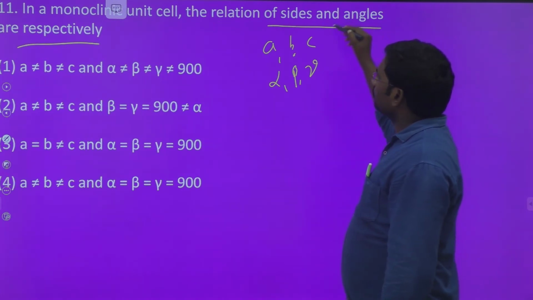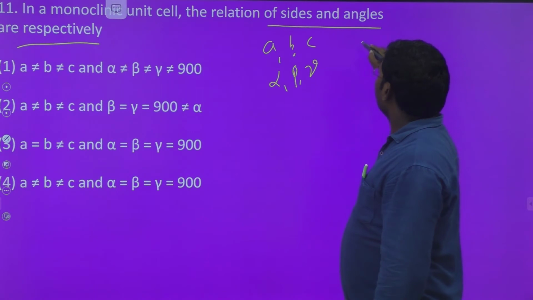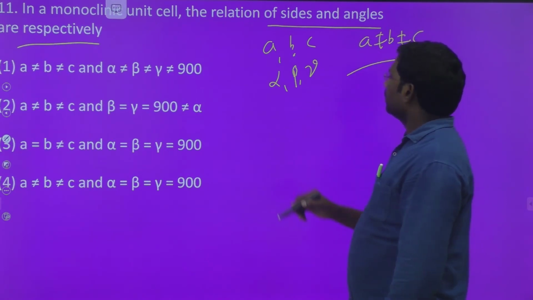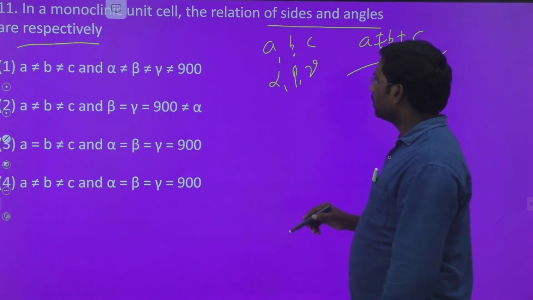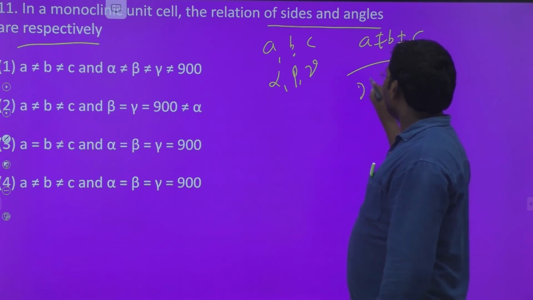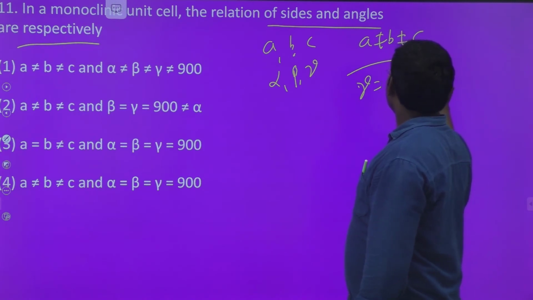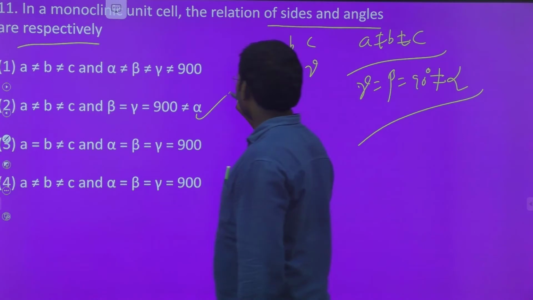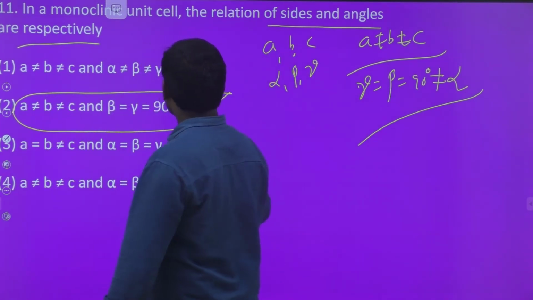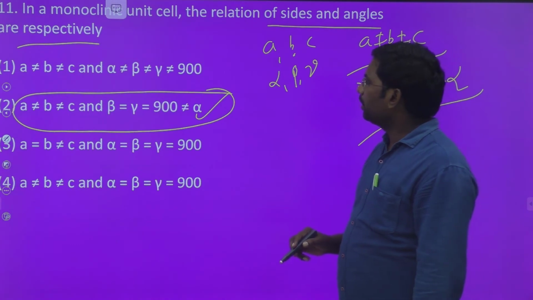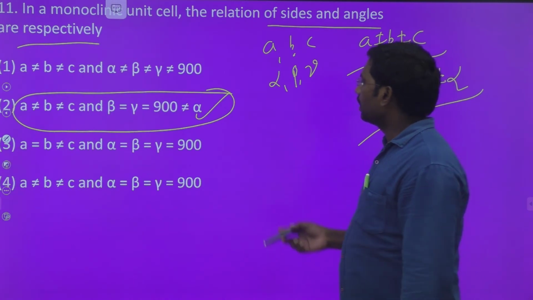Especially in the monoclinic structure, A not equal to B not equal to C, and gamma and beta are equal to 90 degrees, not equal to alpha. This is the important one.